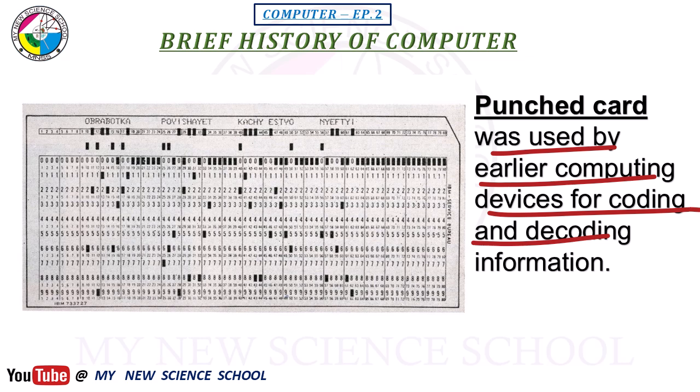So the pattern of the holes through the paper would tell the machine or the user, that is programmers, what is being coded on the paper. That means the number and position of holes on the card are different for different information. Collectively, the points can be called codes.